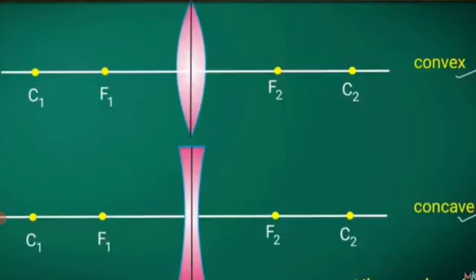Now let us know about the ray diagrams for the convex and concave lenses. If you just observe the convex and the concave lenses, here we have the bifocal lenses.